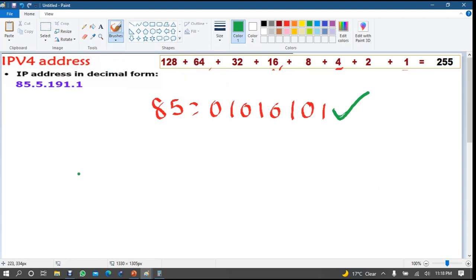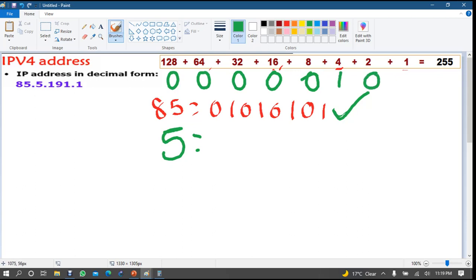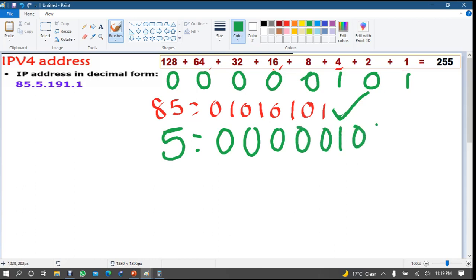Can we take 128 for 5? No. So 128 is 0, 64 is 0, 32 is 0, 16 is 0, 8 is 0, but 4 will be there, 2 is 0, and 1 is 1. So 5 binary is 00000101.